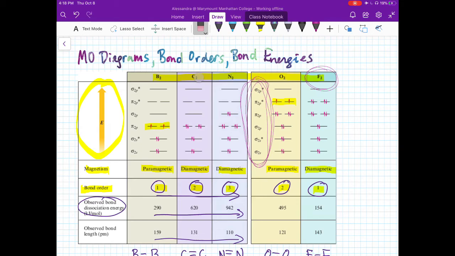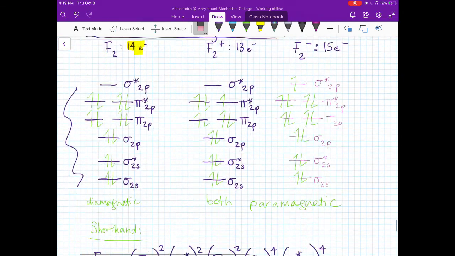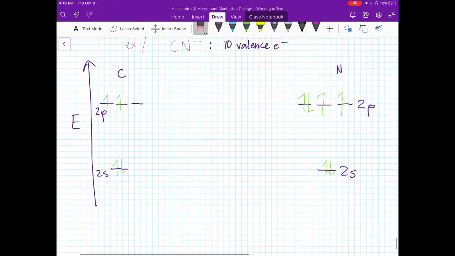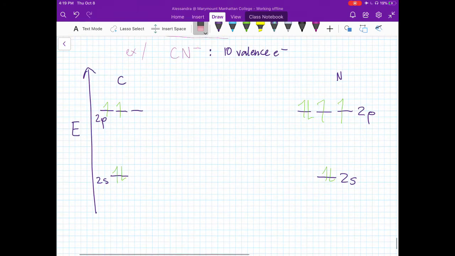If I find carbon and nitrogen on this table, I can see that the order of the orbitals goes like this: sigma 2s, sigma star 2s, pi 2p, sigma 2p, pi star 2p, and sigma star 2p. That's true for both carbon and nitrogen.